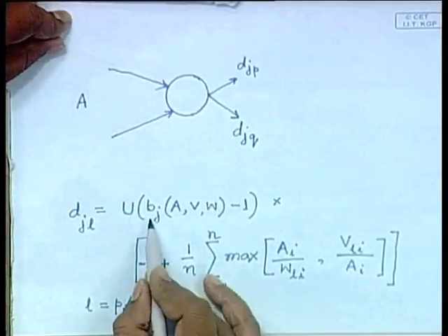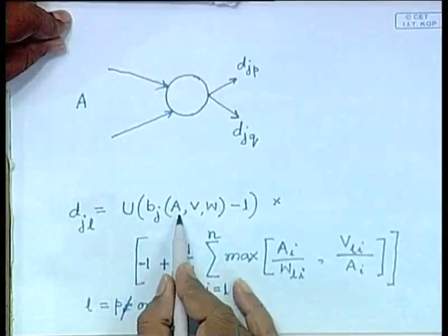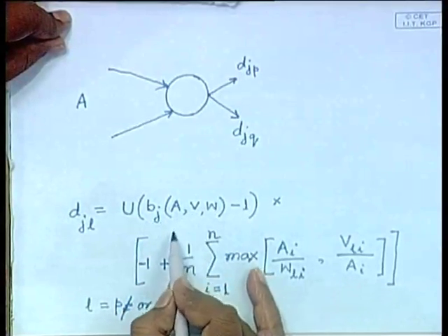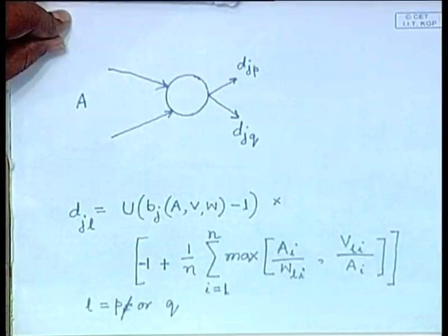Okay. So, here you find that this function bj(A, V, W) is the same membership computation function of the classifying section neurons. There we have said that if a point falls within the hyperbox, then its membership value will be equal to 1. Okay.